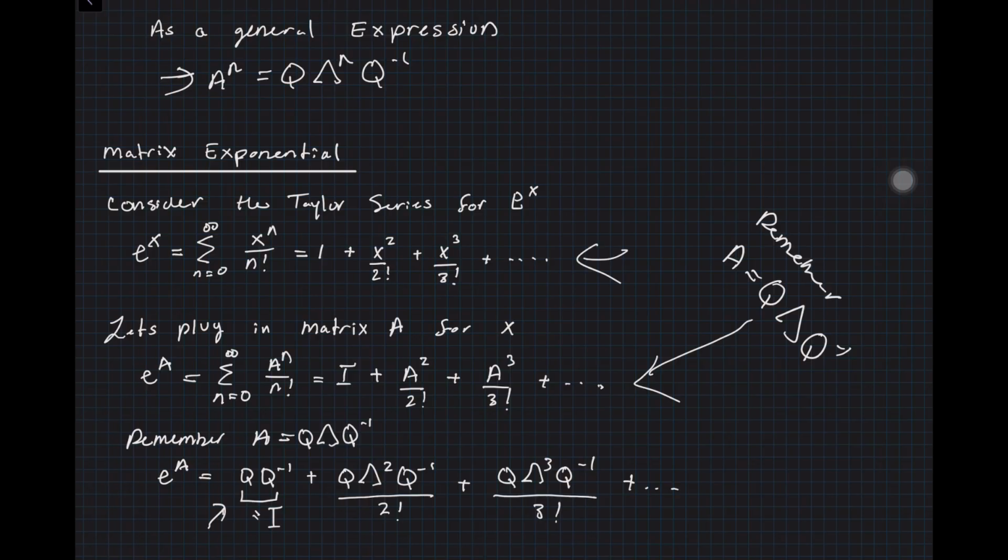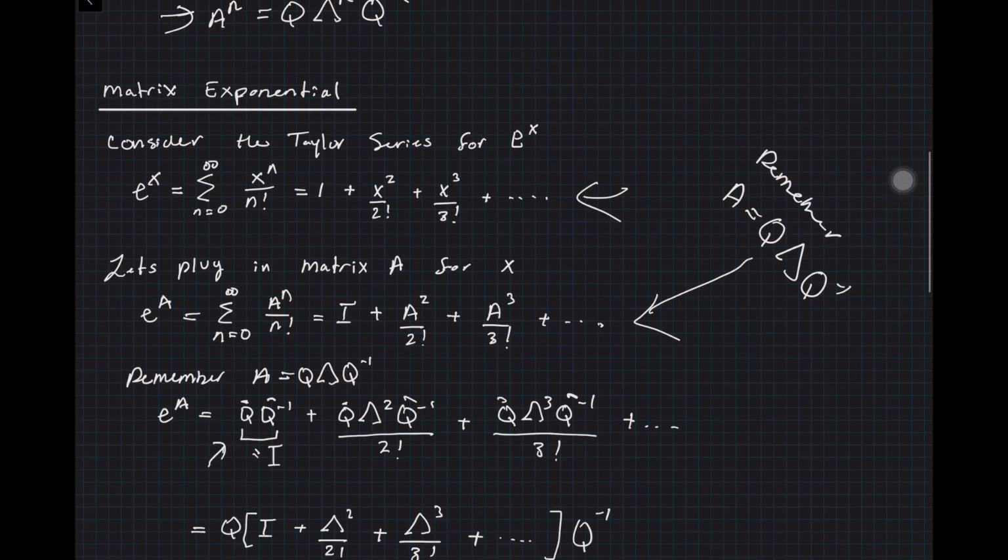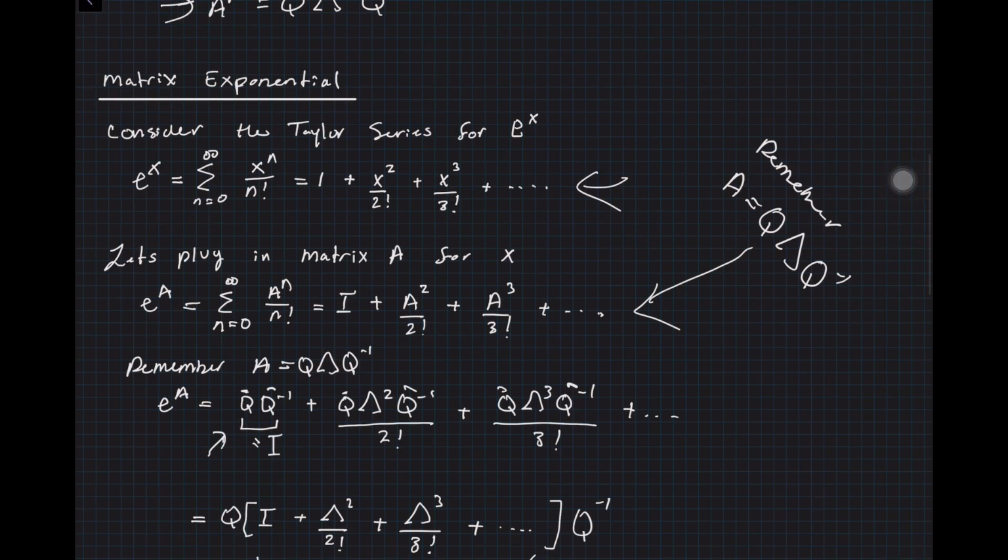So I want you to see what these expressions have in common. They all have Q on the left-hand side, and Q inverse on the right-hand side of the expression. So we can factor out a Q from the left and a Q inverse from the right, and we're left with the following Taylor series.